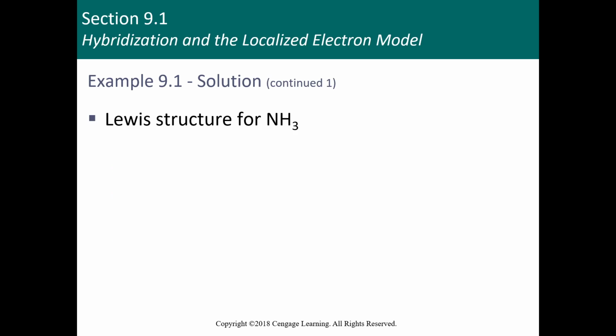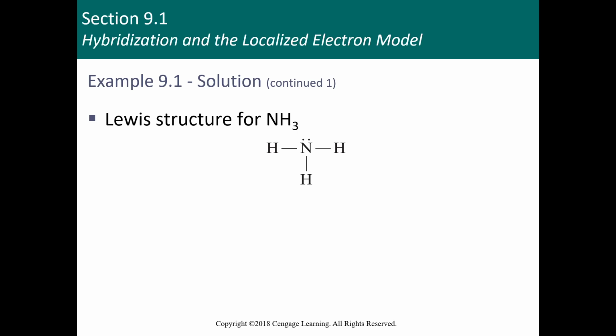So first we need to do the Lewis structure for NH3. Now, it looks like this, and what you should be doing here is, if you remember how to do Lewis structures, you should count up your number of valence electrons. You find those number of valence electrons from your periodic table. And so, for example, hydrogen is in group 1, so that is 1 valence electron.